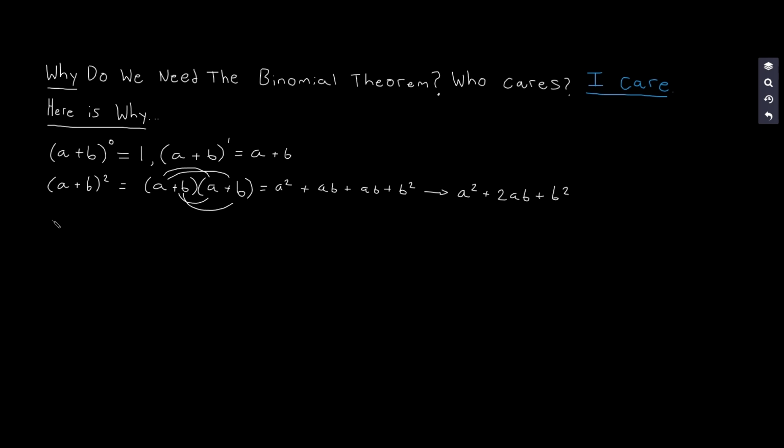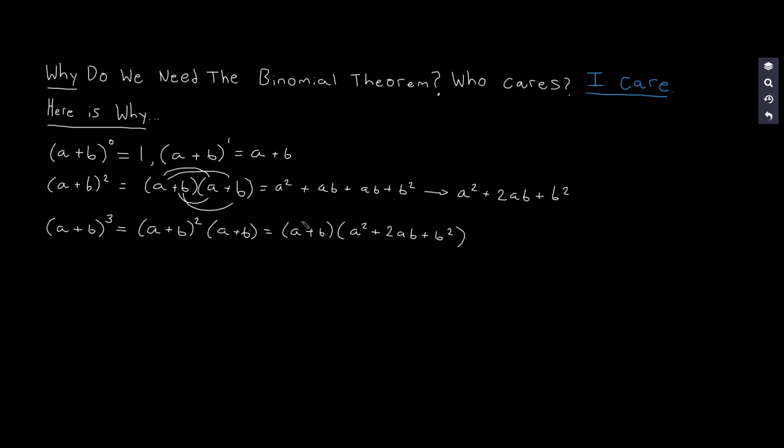What if we have a plus b raised to the third power? Well, that's the same thing as a plus b squared times a plus b. We have the answer for a plus b squared right here, so we could just say a plus b times a squared plus 2ab plus b squared.